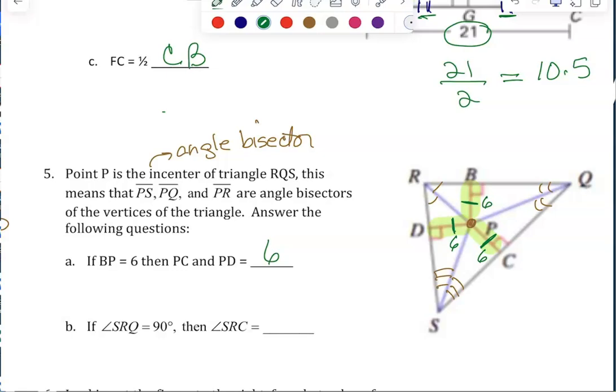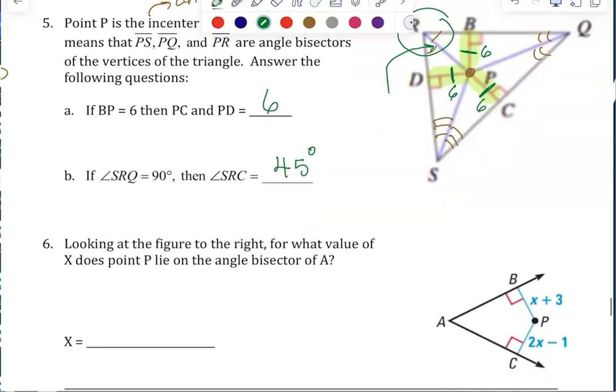So they tell us if SRQ, that is this big angle here, if that angle is 90, then SRC, which is this angle right here, has to be half of that. So that's going to be 45 degrees. Okay? Because that's what angle bisectors do.